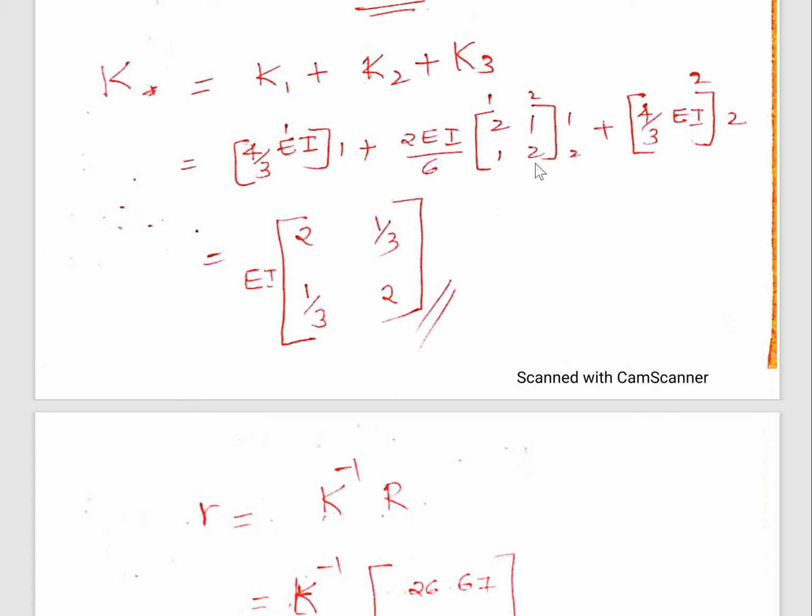So we add the next element also: 4EI by 3 plus 2EI by 6 into 2. So the total is 2 if you take EI outside. So this is our capital K matrix.